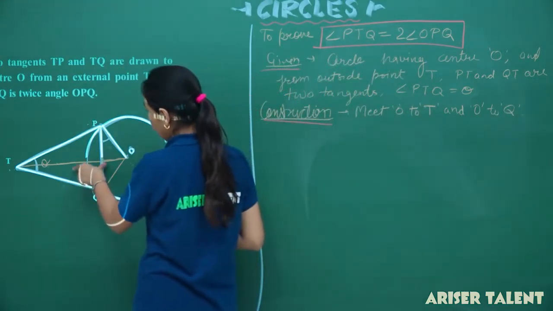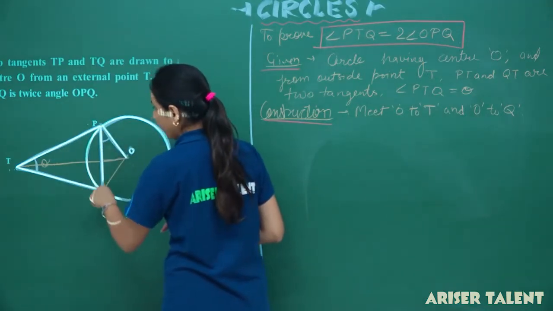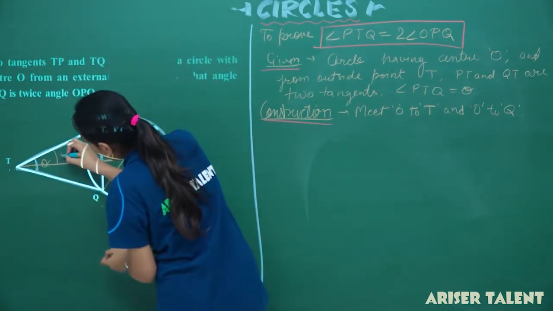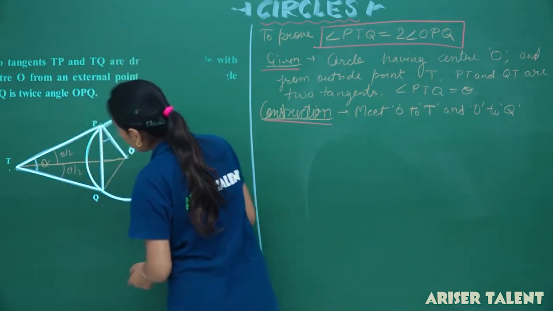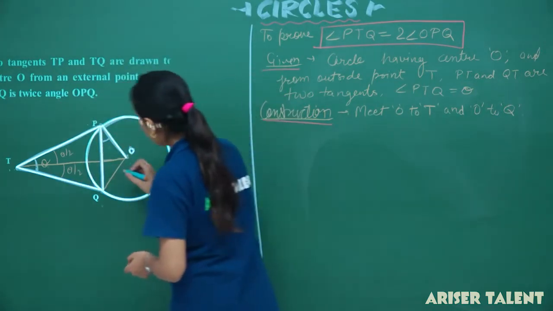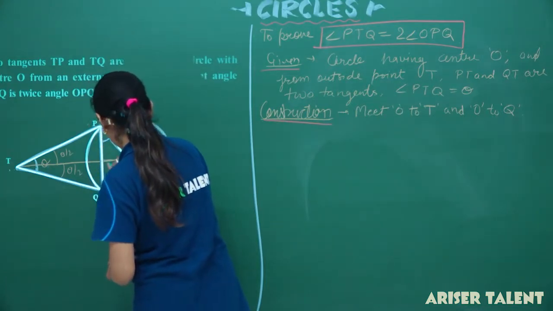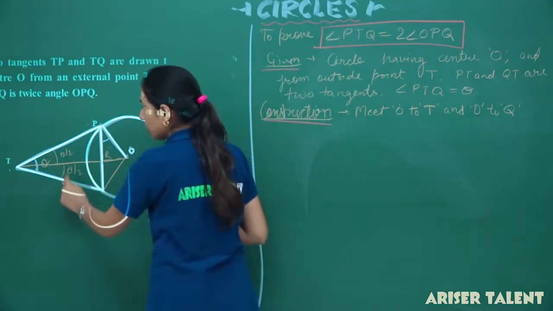Now, if I go to this triangle and this triangle, this angle will be theta by 2 and this angle will be theta by 2. Let's suppose this point is R. Why is it theta by 2 and theta by 2?